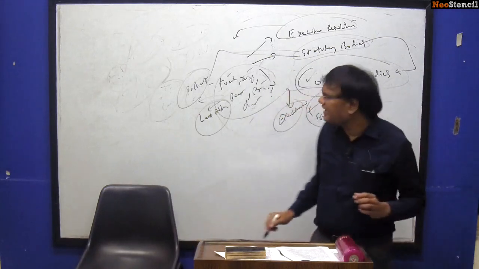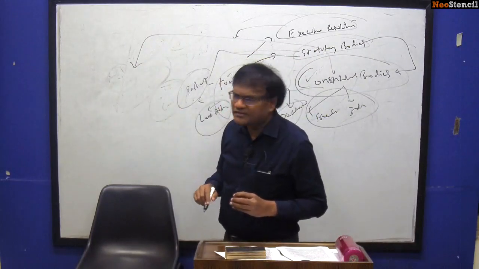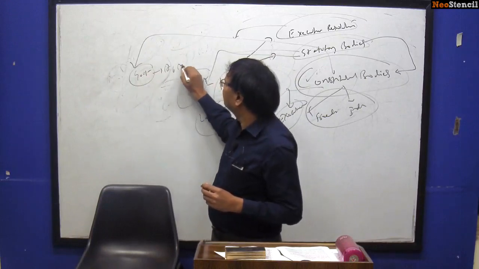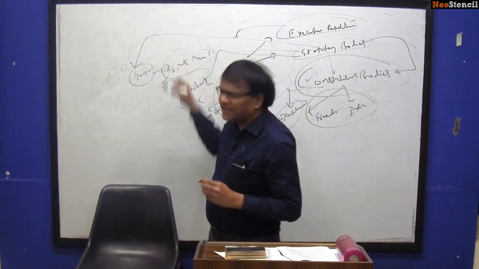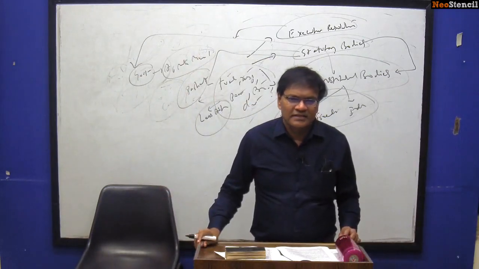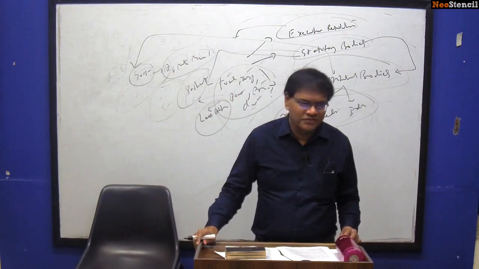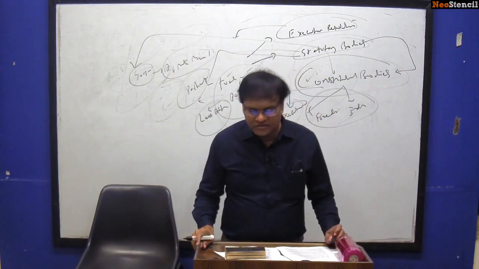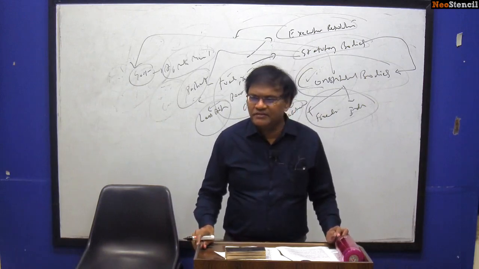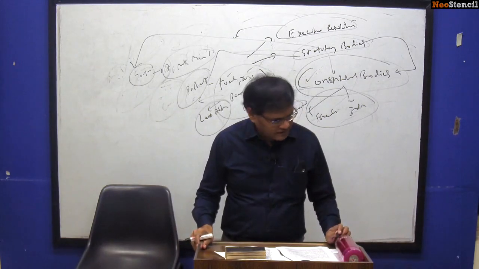On the other hand, in case of constitutional bodies, the role of the government is limited to appointing members only. There also the government has to follow certain rules and regulations. For example, if you are appointing members to the judiciary, the collegium recommends the names to the government. The government has to take a decision on the basis of the names.